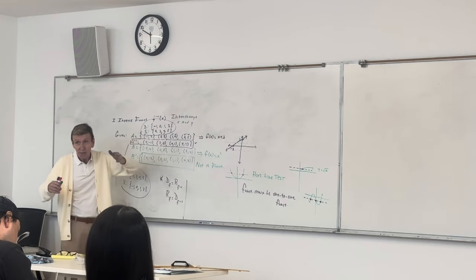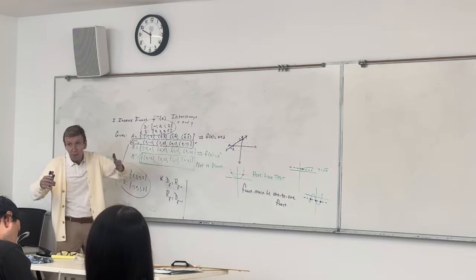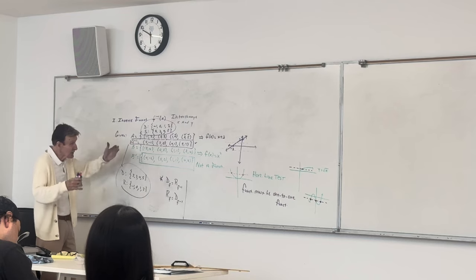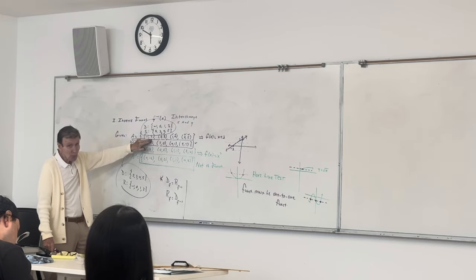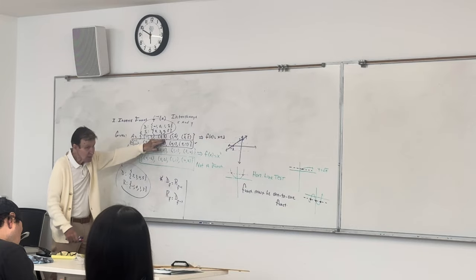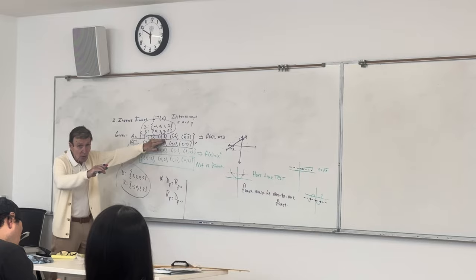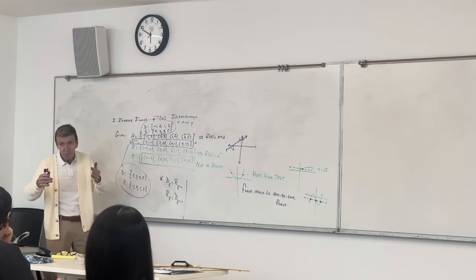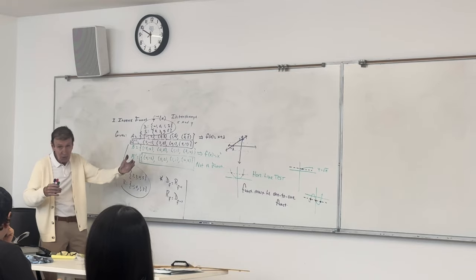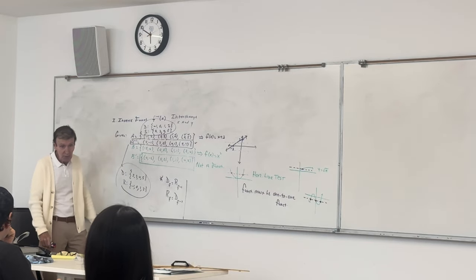I can't have that, it's not one-to-one. Up here, the purple one has an inverse. -1 is paired up with 2. Is -1 paired up with anything else? No. 0 is paired up with 3. Is 0 paired up with anything else? No. So this is one-to-one. If it's one-to-one, it has an inverse. Or if you want to look at the graph, the horizontal line test. And therefore you have an inverse.